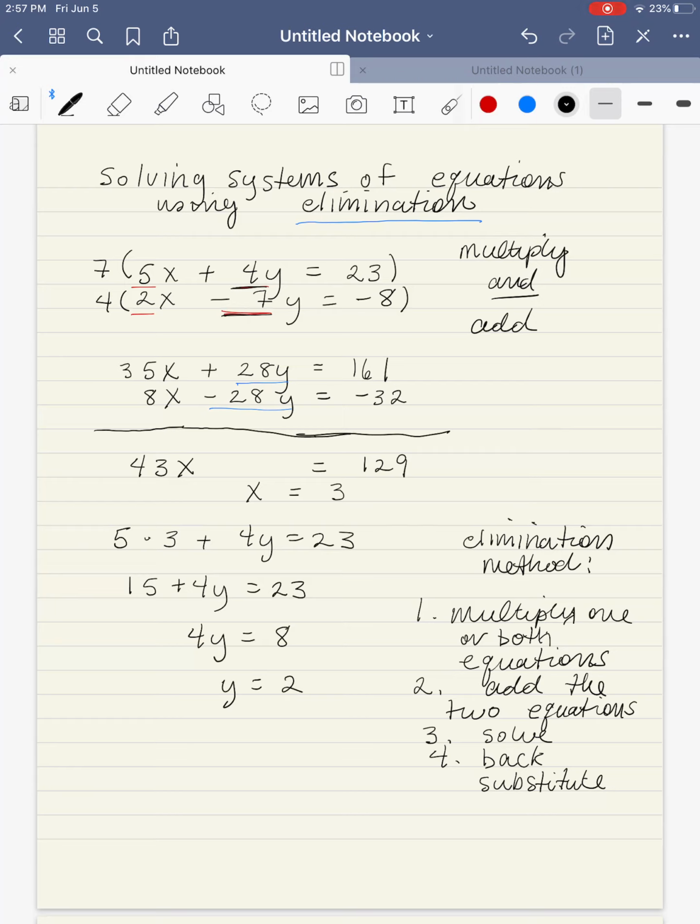And we have y equals 2. So my solution is x is 3 and y is 2. That was the elimination method.